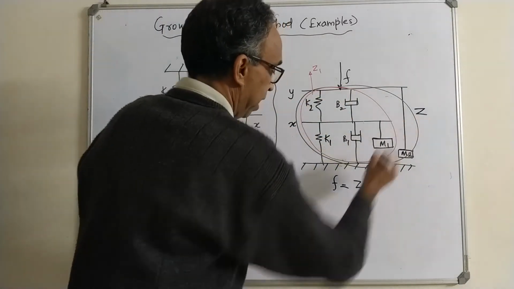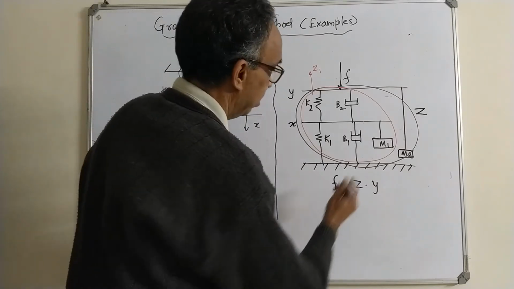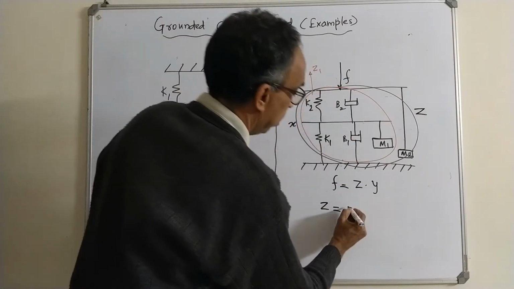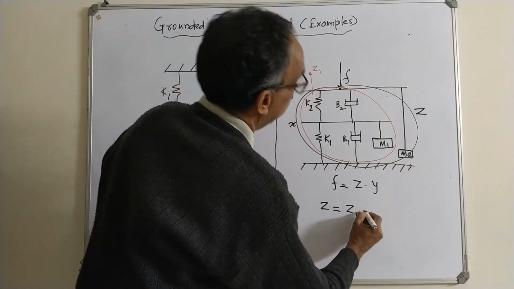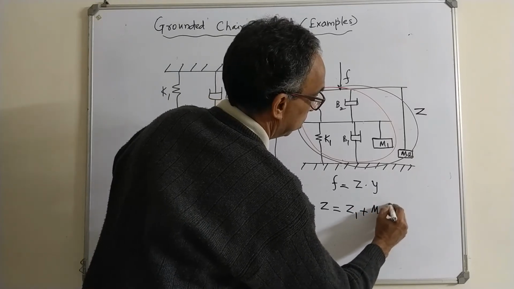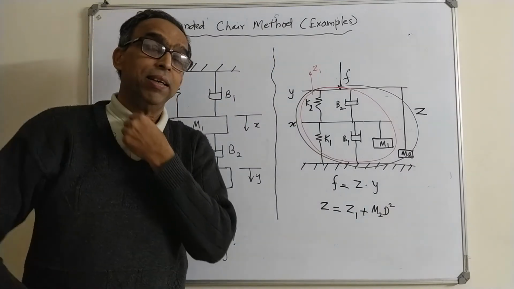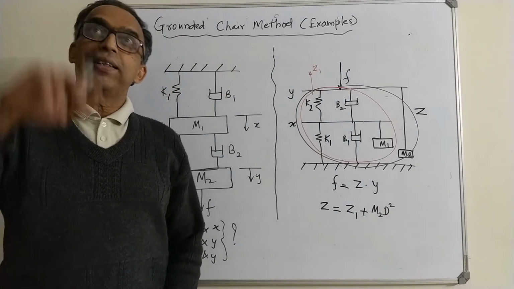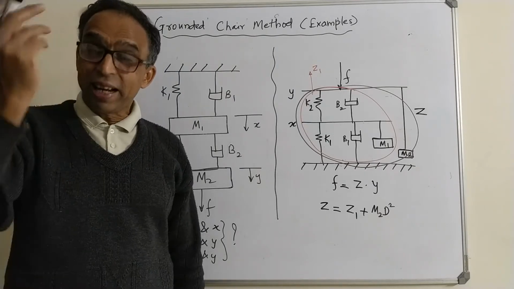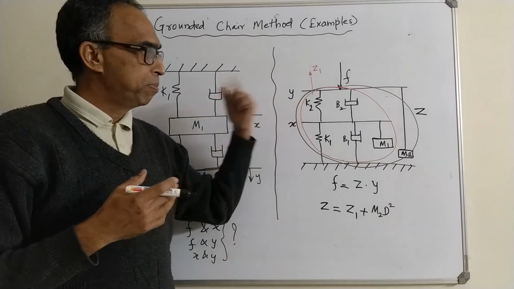So Z is a series combination of Z1 and M2 D squared. Inertia force, how did we write it? If you recollect, M D squared X, so mass into acceleration, the second derivative of X. Whether X or Y, whatever is the displacement, we have to use that.